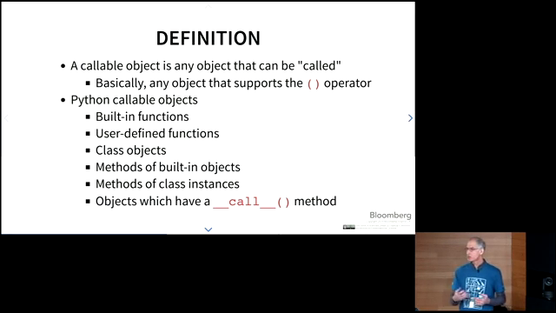The class objects that you define are callables. Methods on built-in objects, and methods of your classes that you define. All of those are callable. One additional thing, and this is where the special method comes in, is if you've defined a Dunder call method, then objects of your class are also callable as a function.